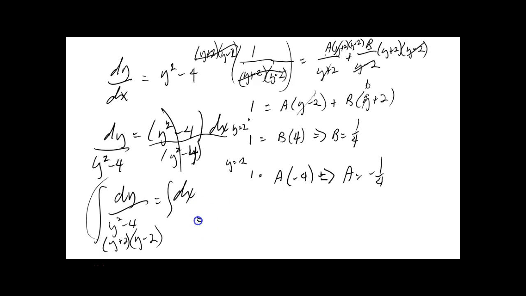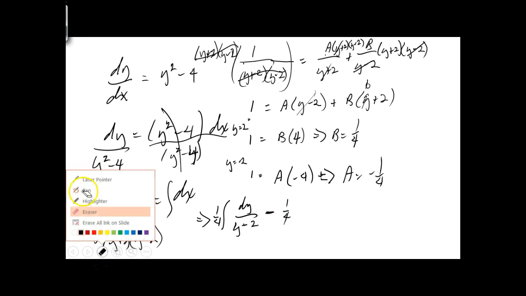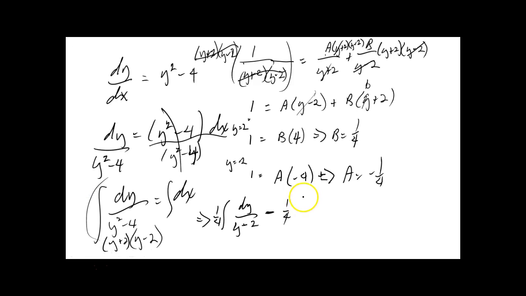So I'm going to reverse the order and say that this integral here is the same as the pair of integrals: the integral of 1/4 times dy over y minus 2, minus 1/4 times the integral of dy over y plus 2.